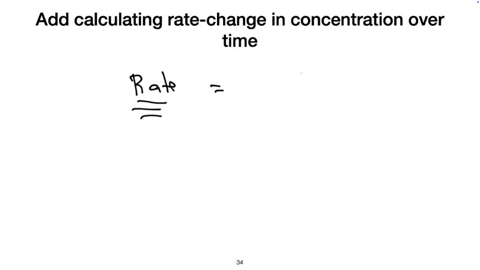Well, what is rate a measurement of? Say it again? Cool. How am I monitoring the progress of the reaction? Okay, over time. So how do I figure out a change in time? Time final minus time initial, okay, which we would hope to be in seconds.